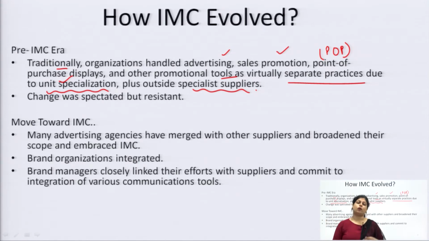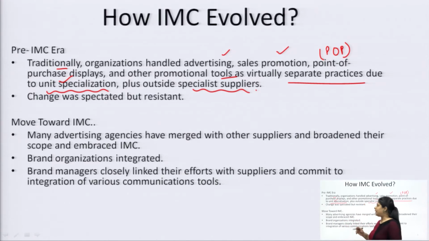Not the combined form, because they wanted specialization, and the units practicing in the market were working separately. This is an advertising agency, they are specialized in it; this is personal selling, they provide training for it; then sales promotional techniques. Everything was divided separately, and companies were adopting it and successfully running on it.